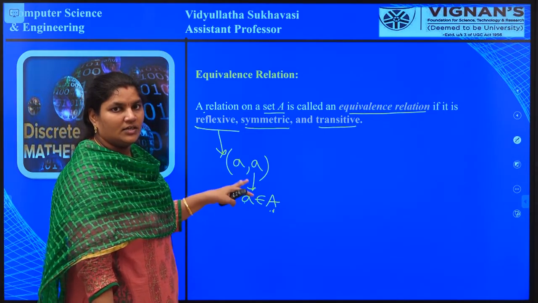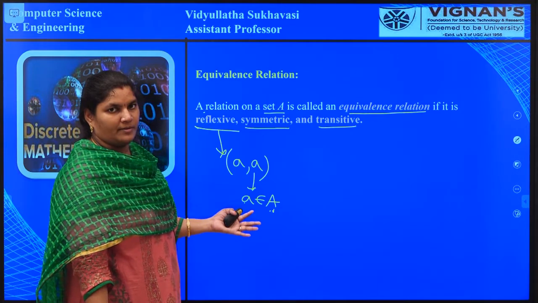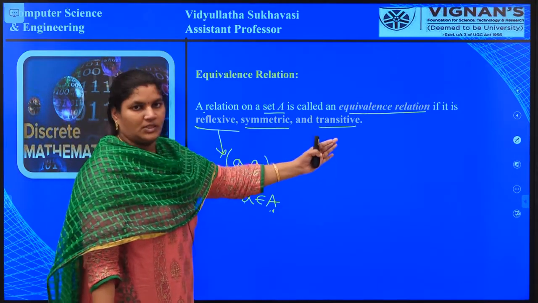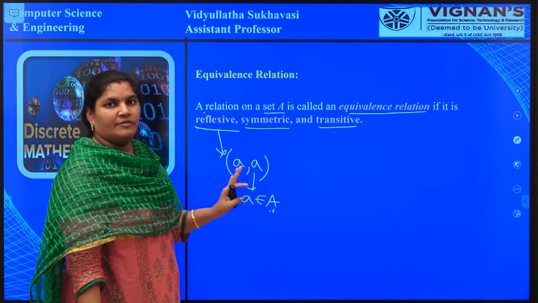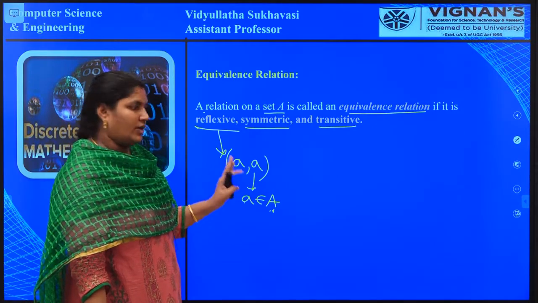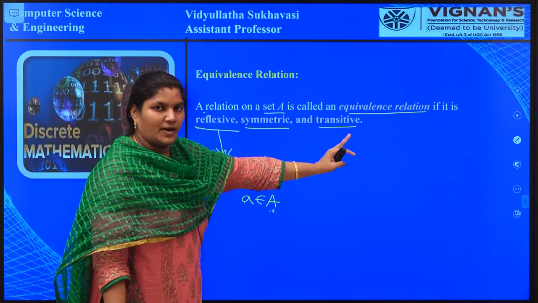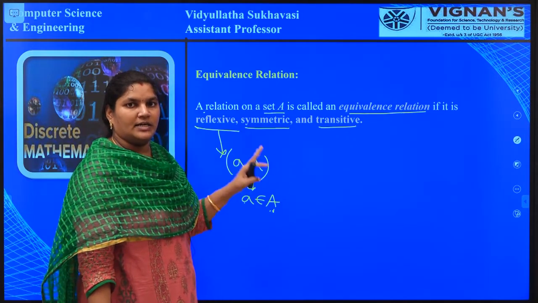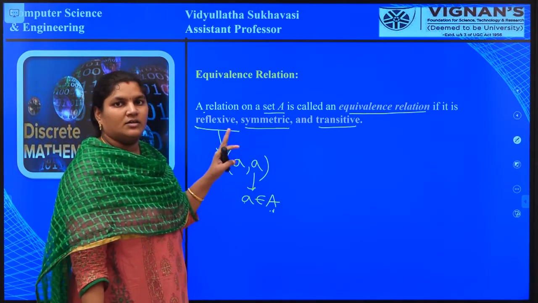If it is not there, it is not satisfying the reflexive property. If any one of these three properties is not satisfied, we cannot say that it is satisfying equivalence relation. So if all these three properties are satisfied, then only we can say that the given R is satisfying equivalence relation.